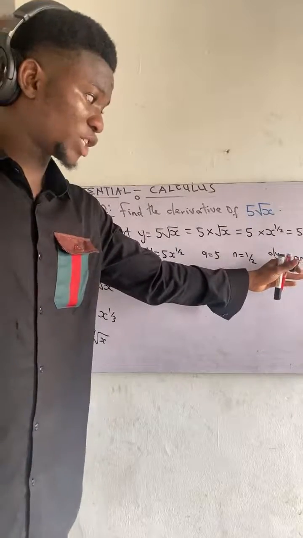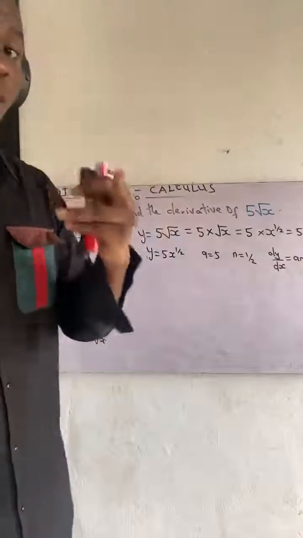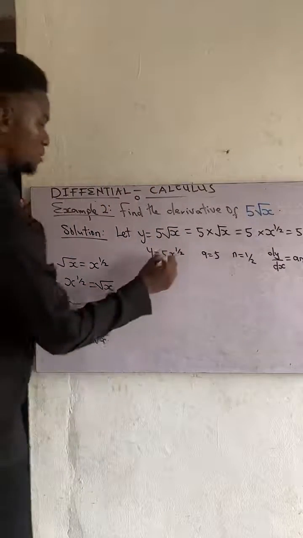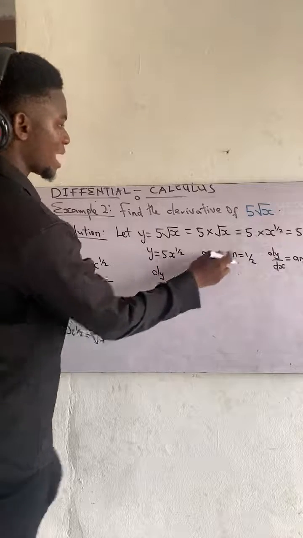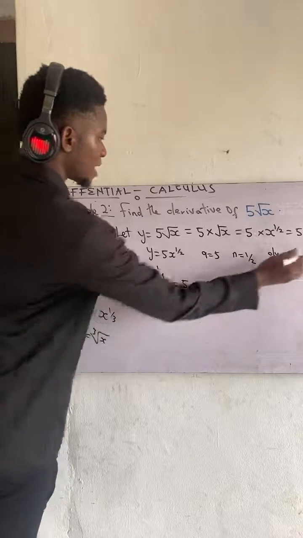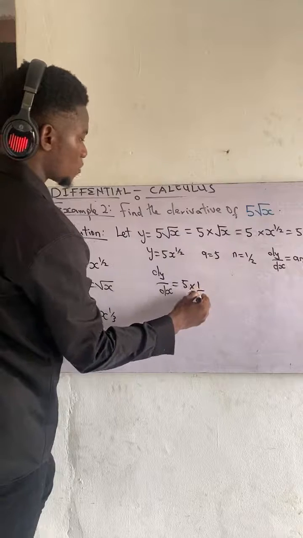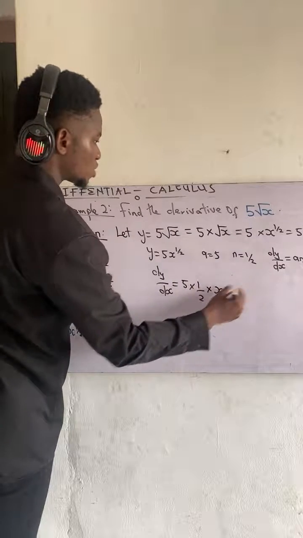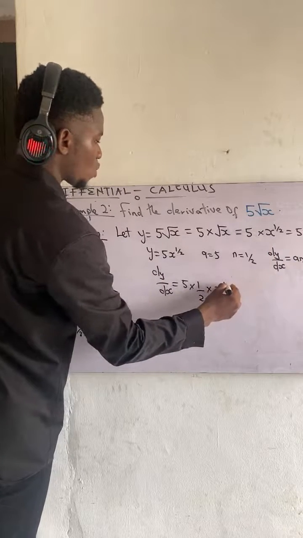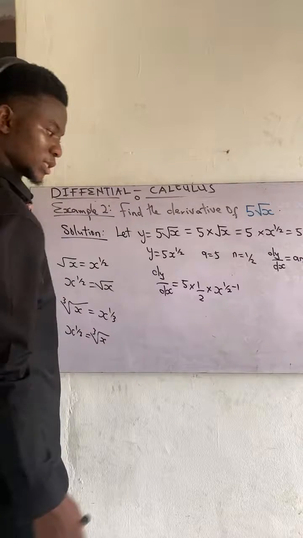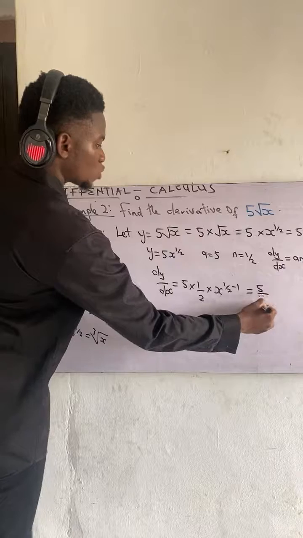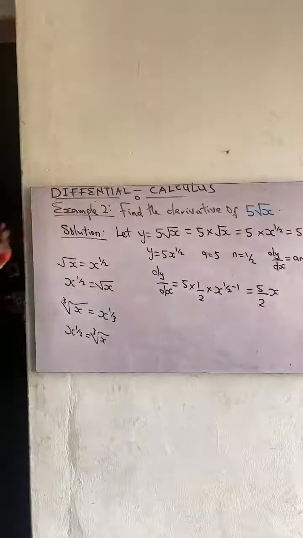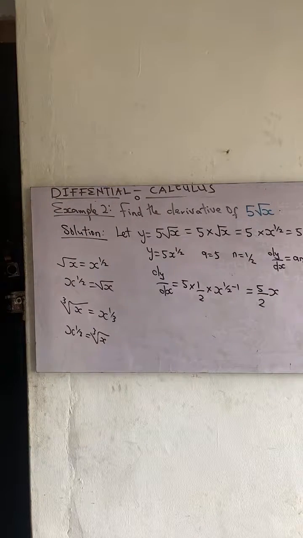A is the coefficient of x, while n is the power of x. So this simply means my dy dx would be, our a is 5, times our n is 1 over 2, times x raised to power, our n is 1 over 2, minus 1. Then this would be equal to 5 over 2 x raised to power.